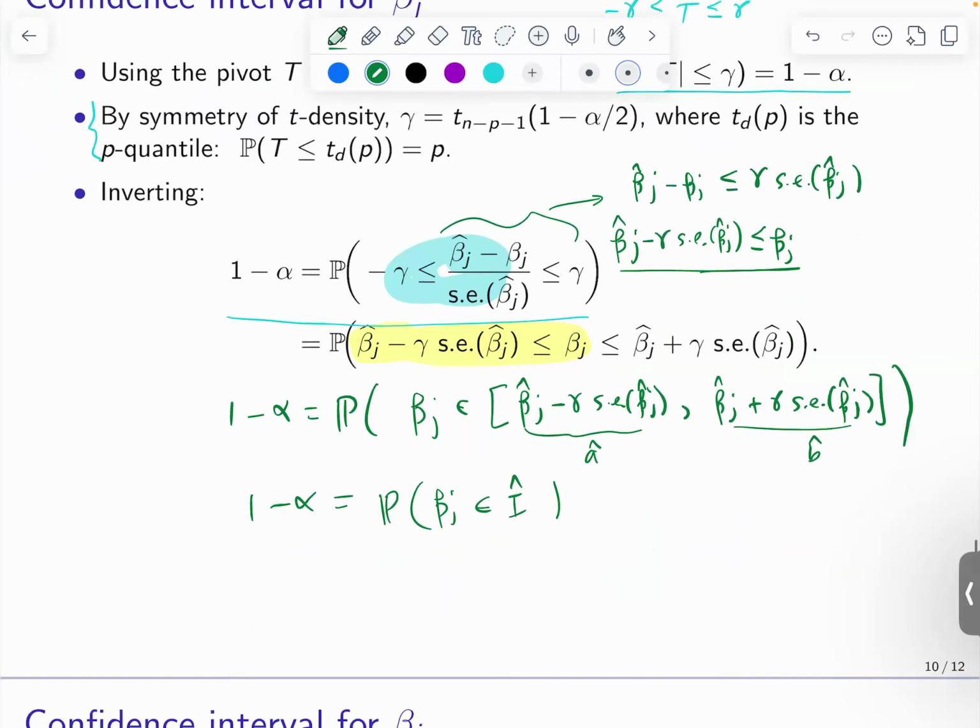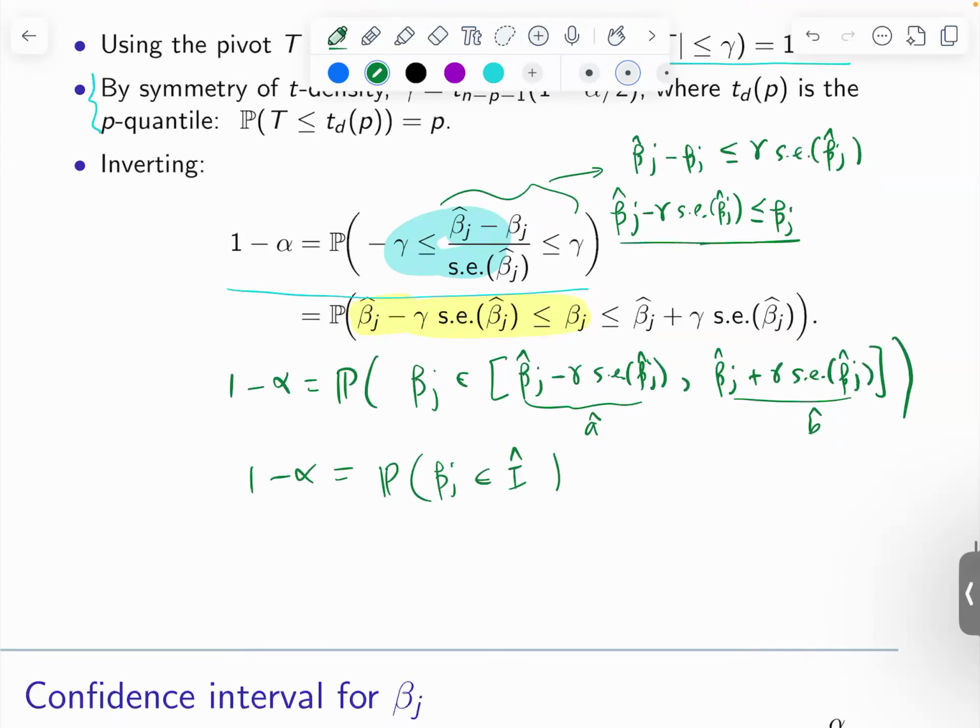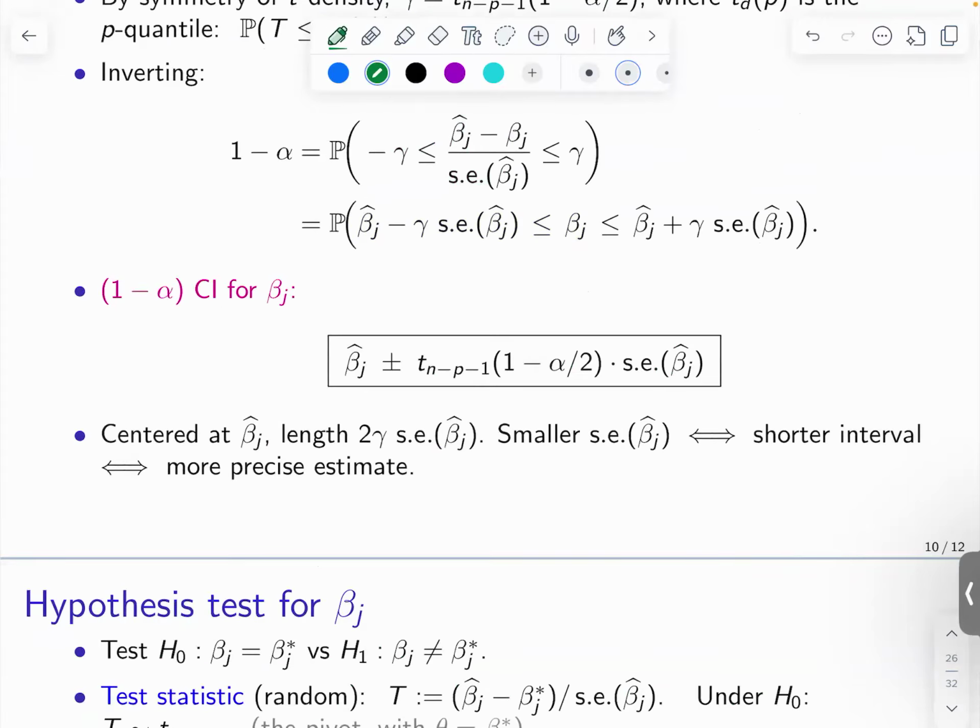Oftentimes you just write it as, since this happens to be symmetric, the center is beta hat j, the point estimate, and it's symmetric around that. So you'd write it as beta hat j plus or minus gamma times the standard error, which you have probably seen before. That's how you can derive it.